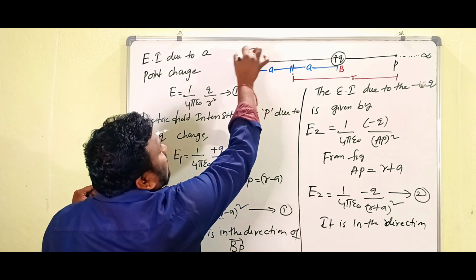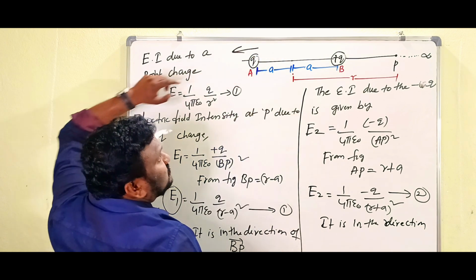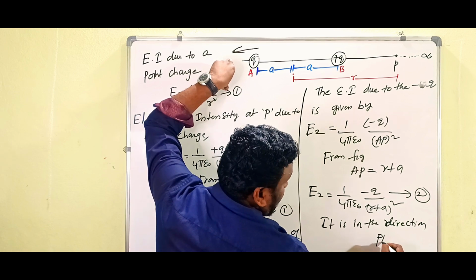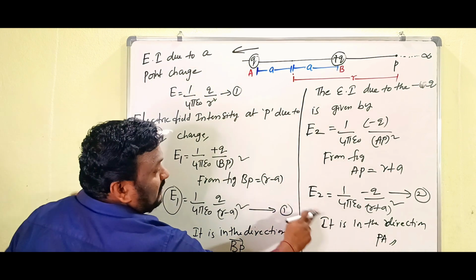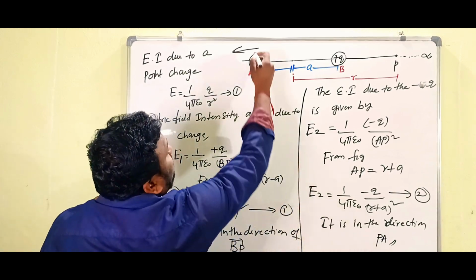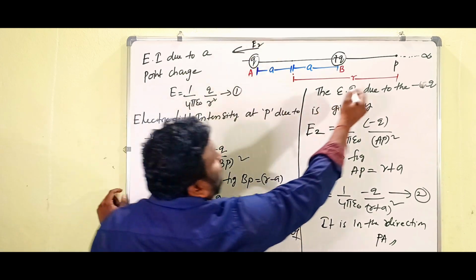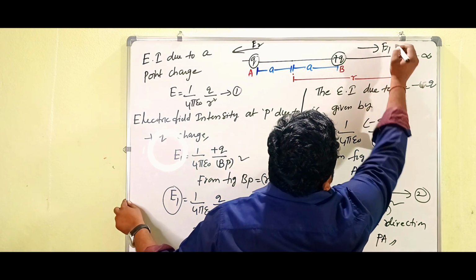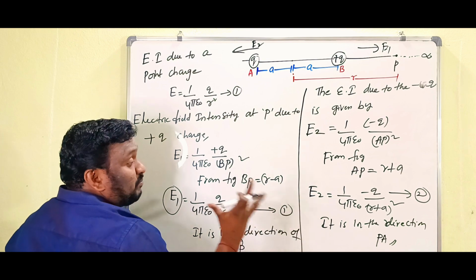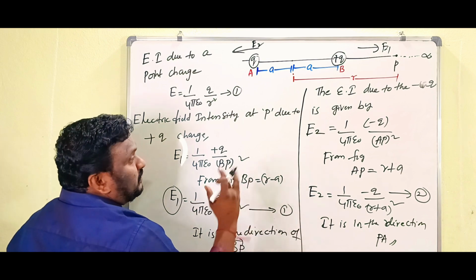That's why the electric field is radially inward, towards like this, in the direction of PA. E2 is in the PA direction, E1 is in the PB direction. E2 is in this direction and E1 is in this direction. So using these two equations, let us see how we find the net electric field.